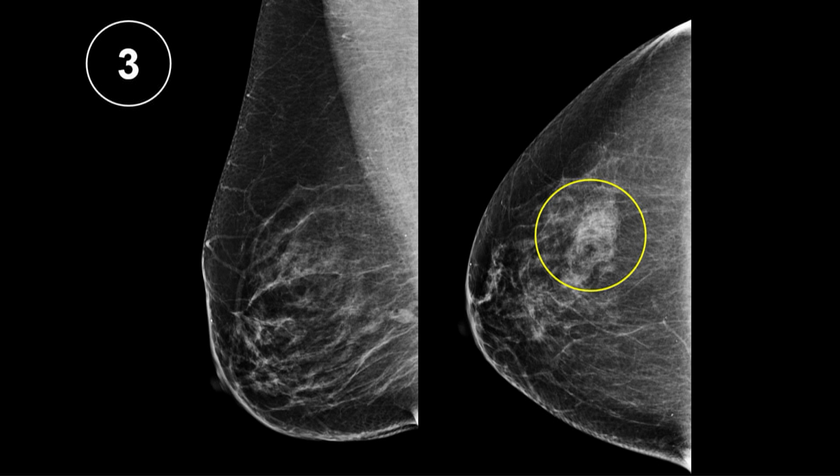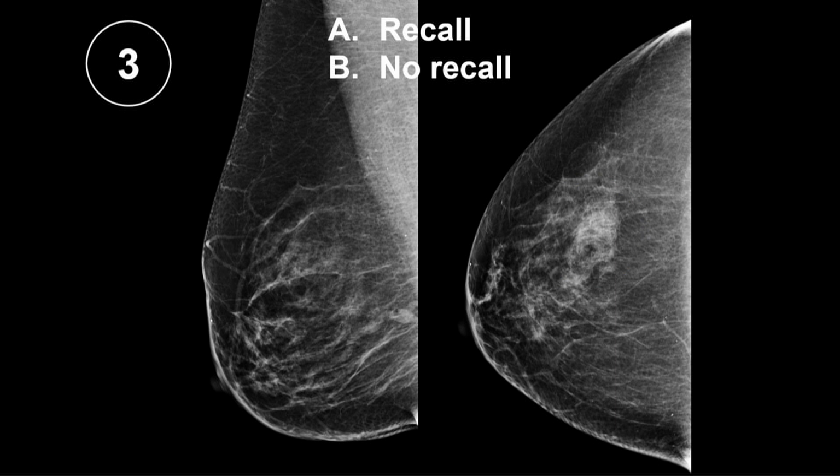This is a one-view asymmetry. If that's all you had, it could be no recall because of the two-step procedure. It's included in the image field, and there's nothing dense enough to obscure that. So it could be, but if you didn't, you'd recall it and you'd get the same answer. It would be summation artifact.